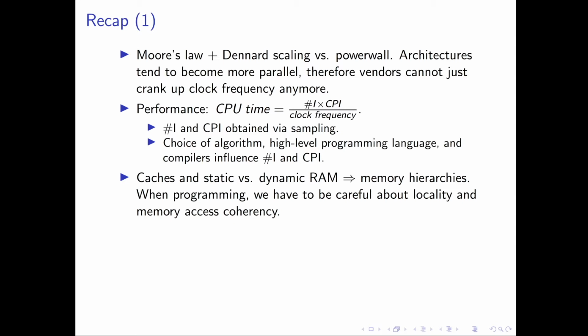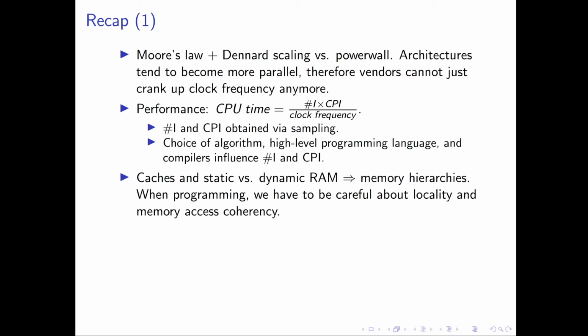We learned what performance is, and we learned that performance is the CPU execution time, and that the CPU execution time depends on the number of instructions, the average clocks per instruction, and then the clock frequency. And we pretty much learned that the choice of algorithms, high-level programming languages and compilers very much influences the number of instructions and the average clocks per instruction.